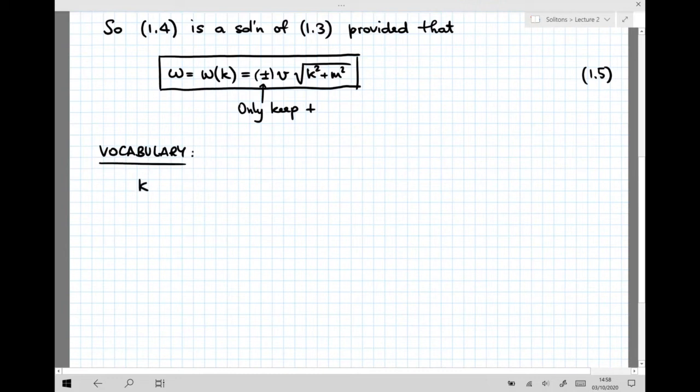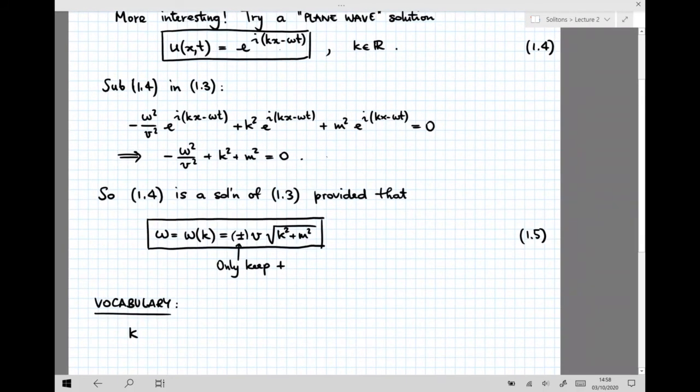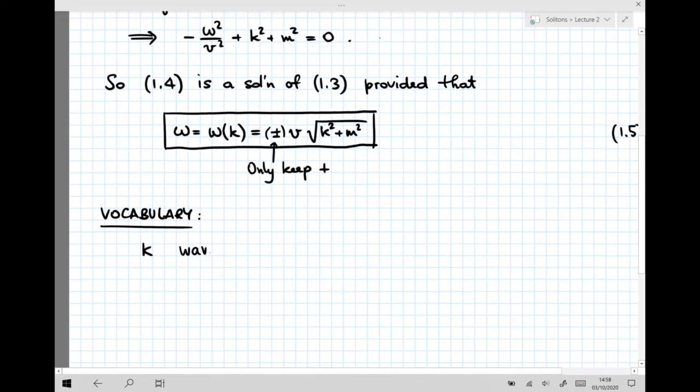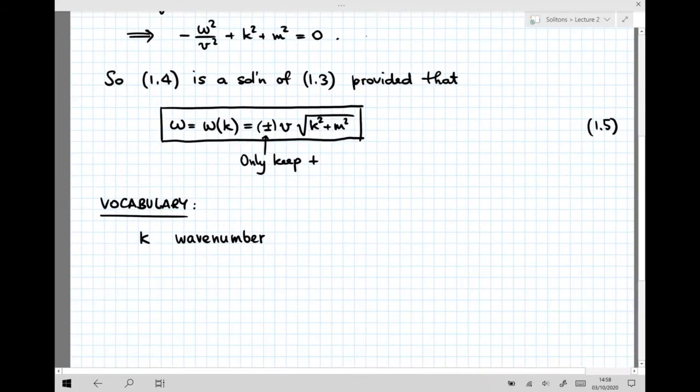Okay, k, which multiplies x in the plane wave solution 1.4, is called the wave number. On the other hand, omega, which multiplies t, is called the angular frequency.